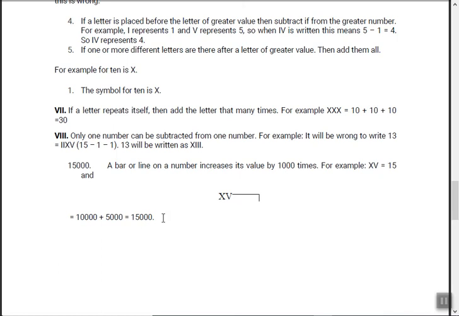So it is 15,000, okay? X is 1000 times, so 10,000. And 5 is again 5 into 1000, 5,000. So it is 10,000 plus 5,000, 15,000. So remember always, if a bar is put on any number, it increases the value by 1000 times.